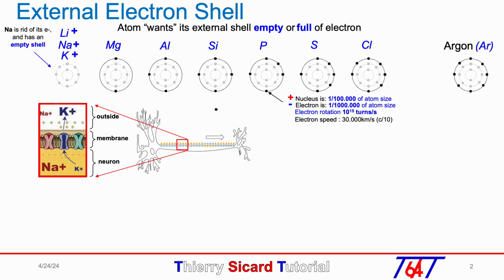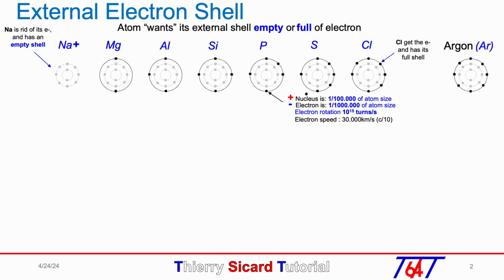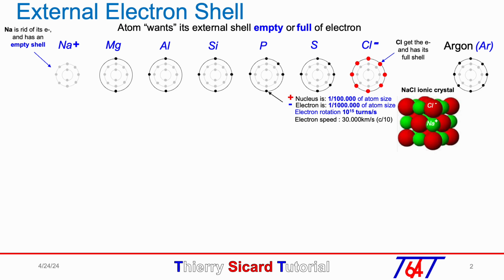Of course, this free electron released from the sodium is available to be captured by the chlorine to get its external shell full and become the chlorine minus ion. Both of them, sodium and chlorine ions, are used to build an ionic crystal. In the ionic crystal, only the electrical forces are used. It is not a covalent link.